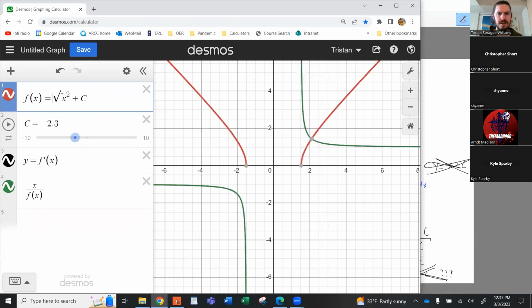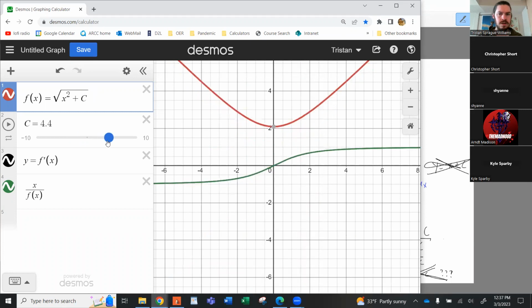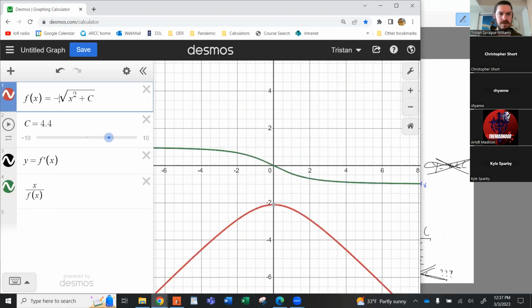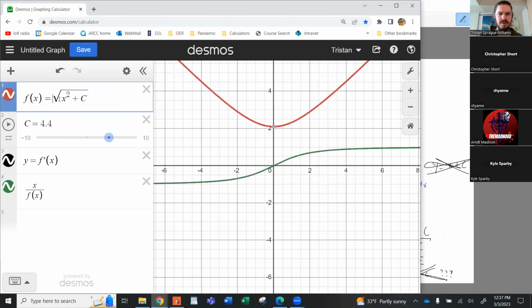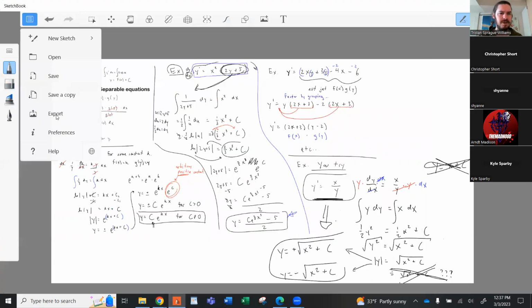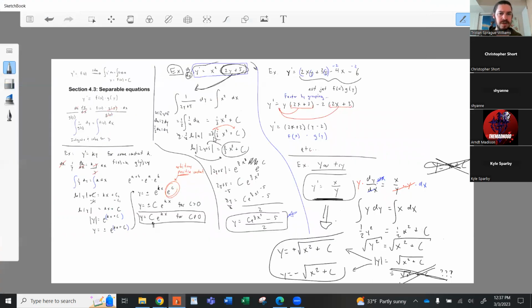I think that's a hyperbola. And if you look at those two red graphs, I think those make the two legs of a hyperbola. I hope I'm not wrong. I could be wrong. Maybe it's not a hyperbola. Maybe it's some other similar curve.